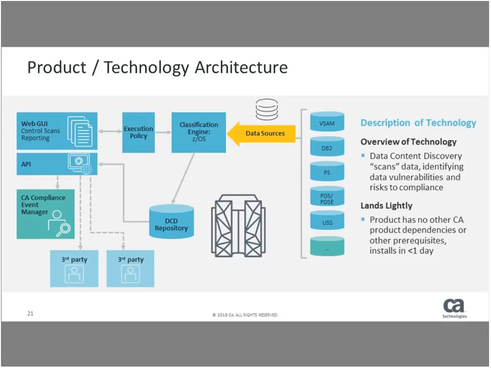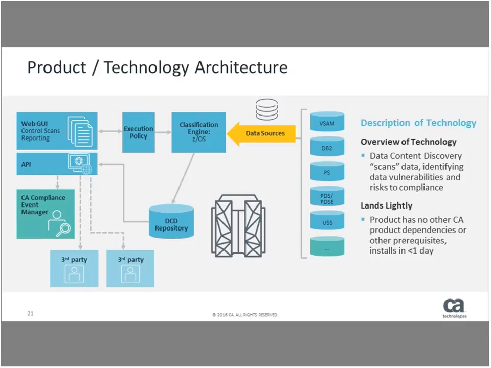And then there's a web UI that controls all of this to allow you to control your scans, to create your scan sets, to target data sets, and also do all your reporting. We also have an API in here that we're using to work within our Compliance Event Manager tool. And of course, we're using this API as we move forward with other third parties. But essentially, it's a very lightweight tool.